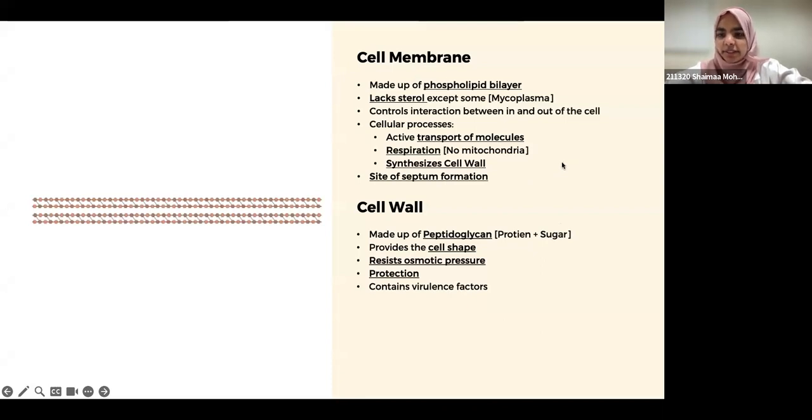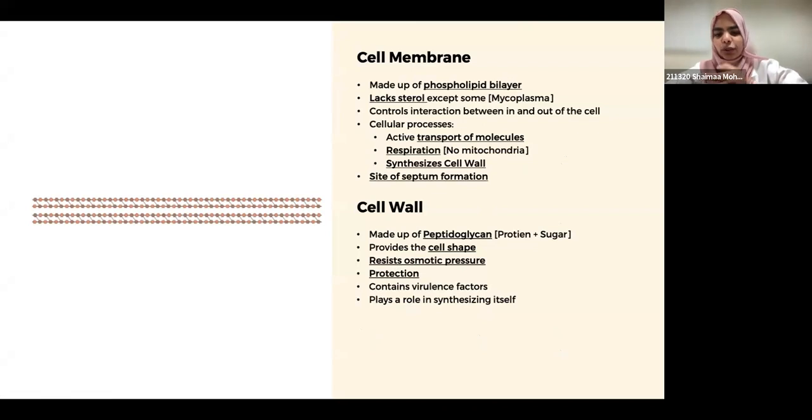Yeah, they give bacteria its pathogenicity, which means they are the things that are going to make the bacteria more infective or give it an advantage in being more disease causing, right? So cell walls contain a lot of virulence factors.